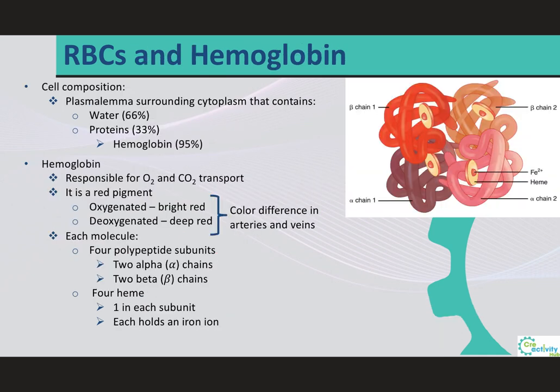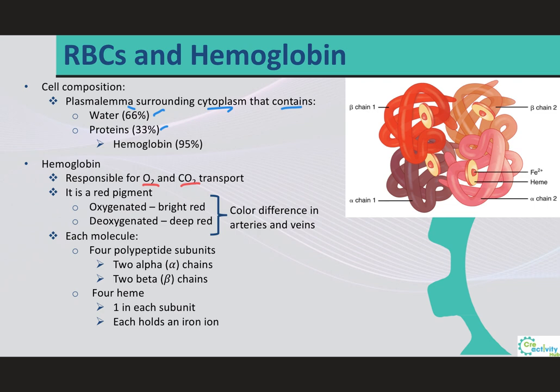Well, like I said, developing erythrocytes will lose all their intracellular components except for the ones that are associated with its primary function, which is the transport of oxygen and carbon dioxide. A mature red blood cell will consist of a plasma lemma surrounding a cytoplasm that will contain 66% of water and 33% of proteins.